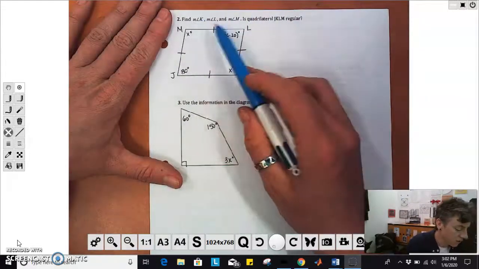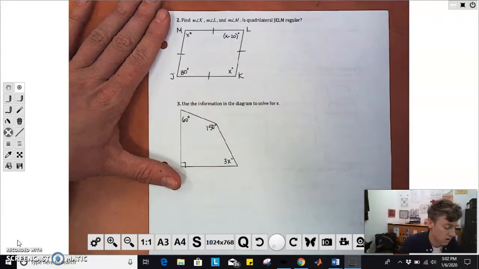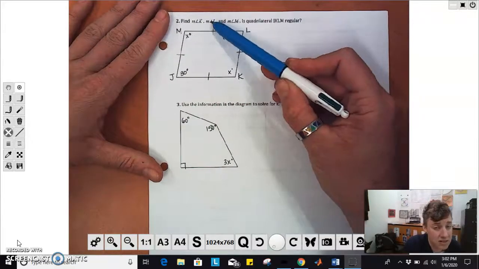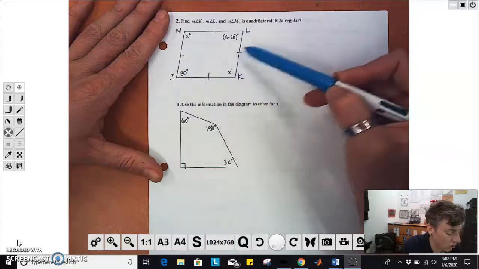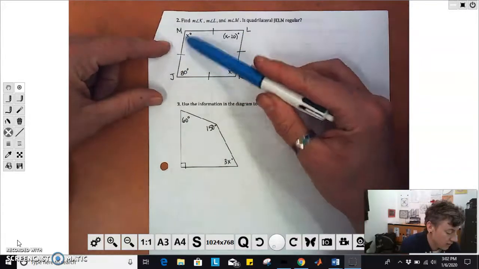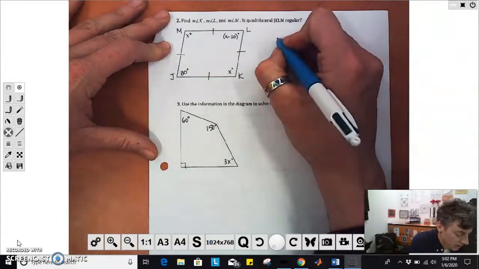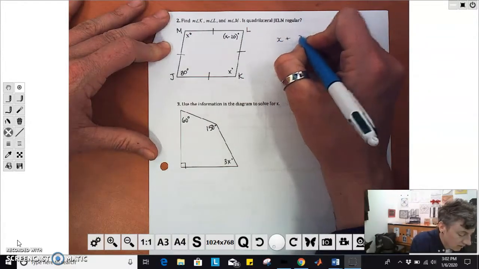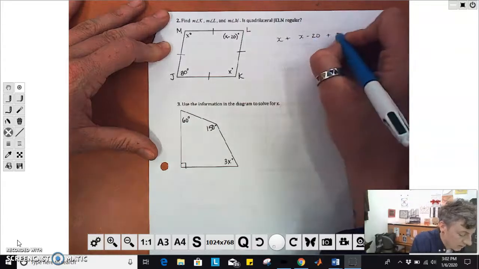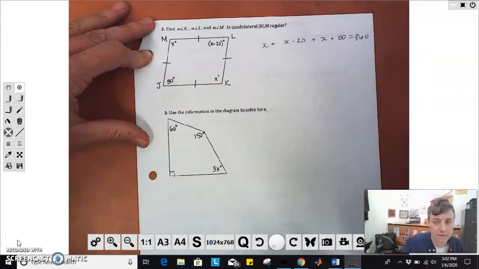So let's find the measure of K, L, and M and decide whether this quadrilateral is regular. Well, it's off to a good start because I see that it is equilateral. We just got to prove, hopefully, that all of these add up to 360. So let's see what we get. X plus X minus 20 plus X plus 80 equals 360.